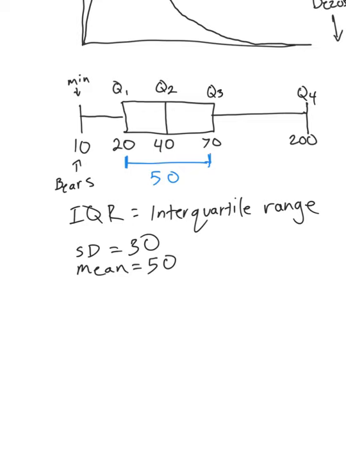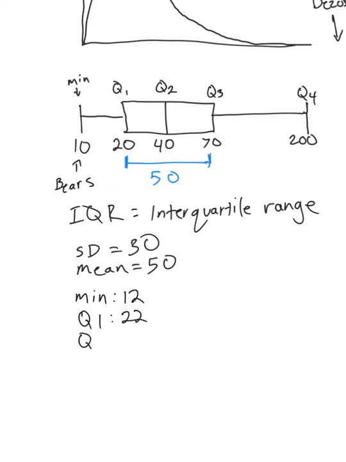That means for all of our numbers, our minimum will be 12. Our Q1 will shift over 2, so that would be 22.